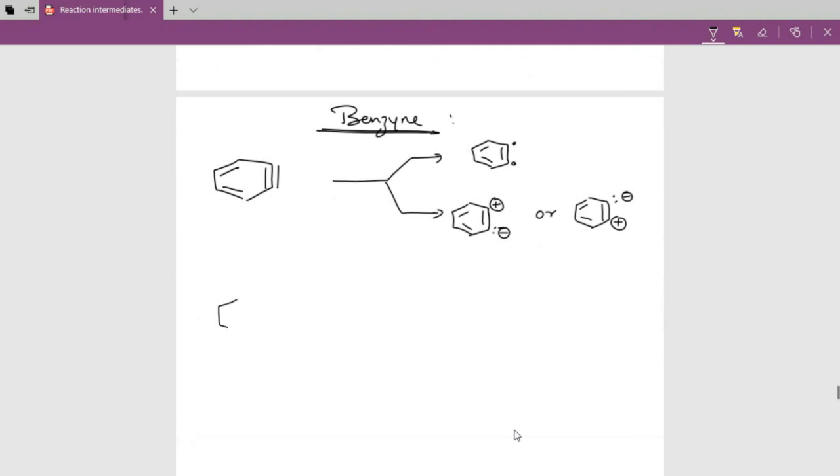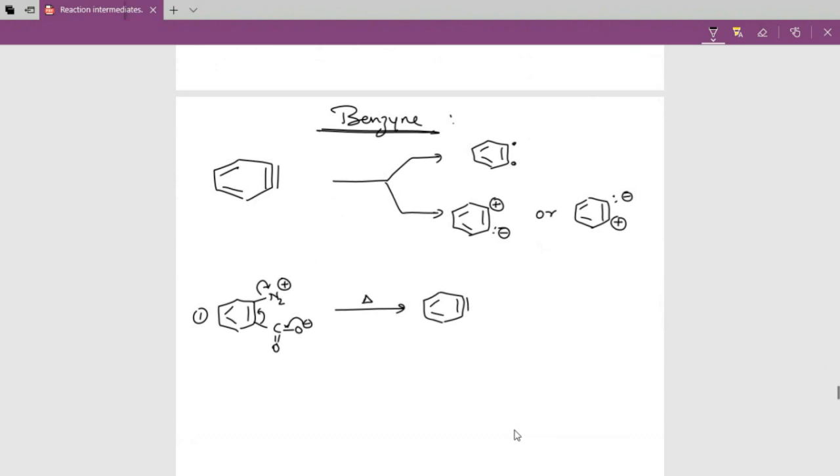It is formed, for example, if I have N2 plus and CO2 minus in structures like this, when I heat it, benzynes are formed.